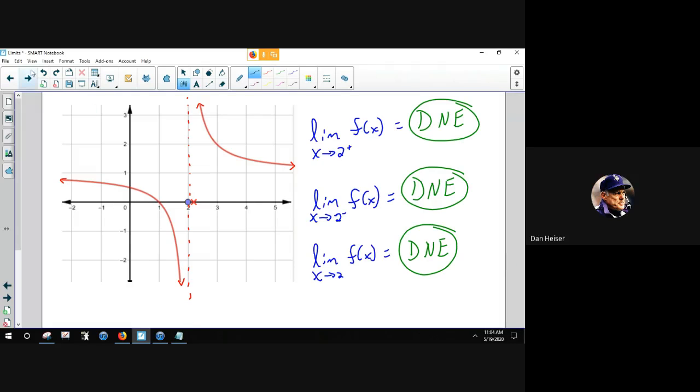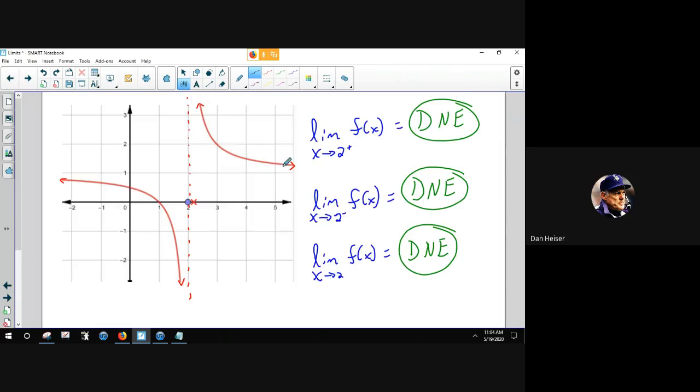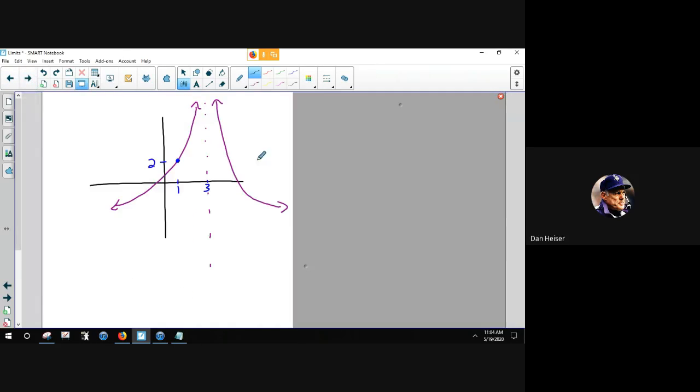It's not going anywhere. Not approaching a value. Also notice that this was rising, this was falling. They were going in opposite directions. These are going in the same direction.